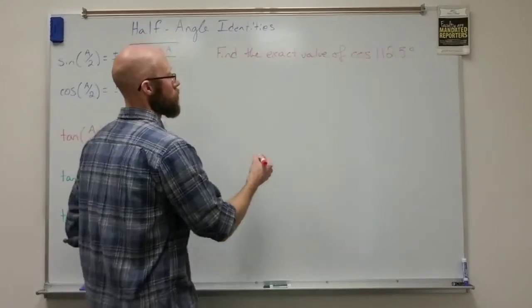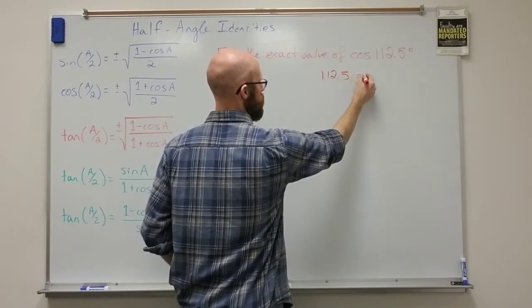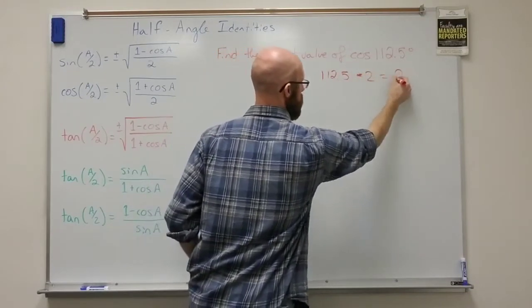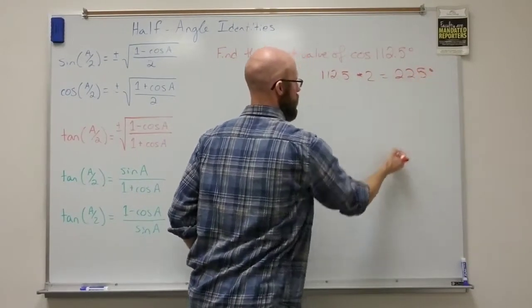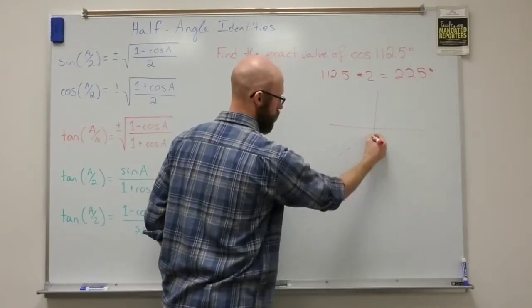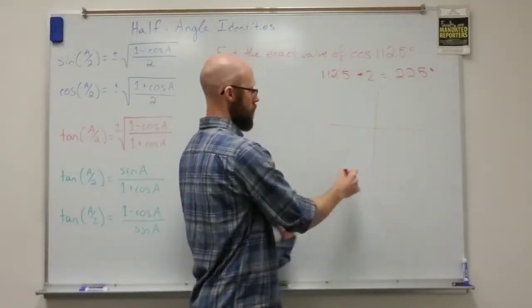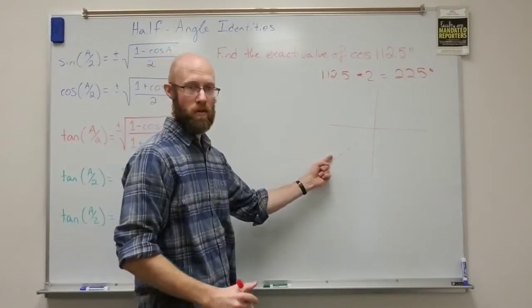Okay, so remember that if you take 112.5, double it, you get 225. And 225 is a 45 degree angle in the third quadrant, right? It's 180 degrees plus another 45.